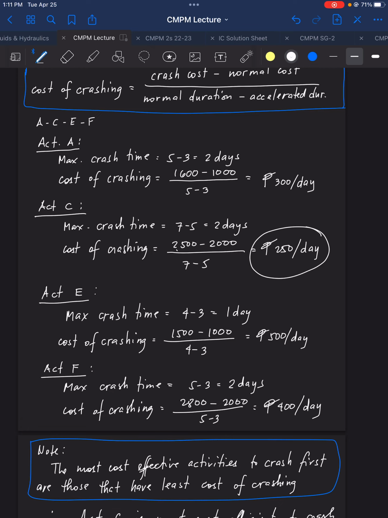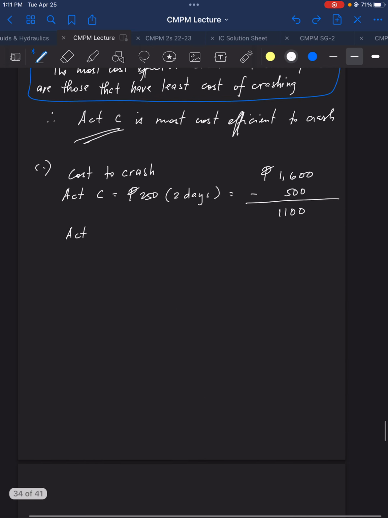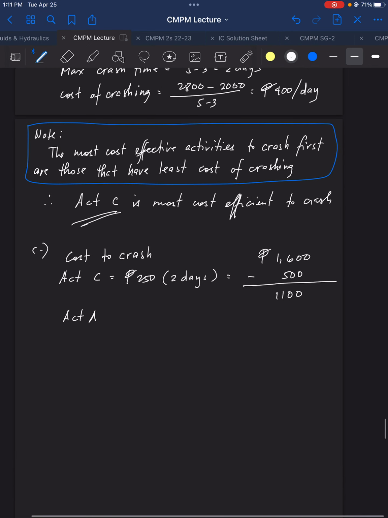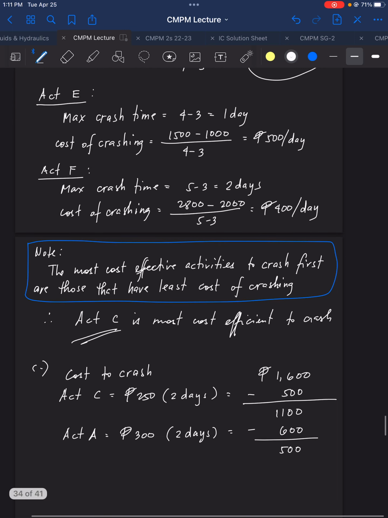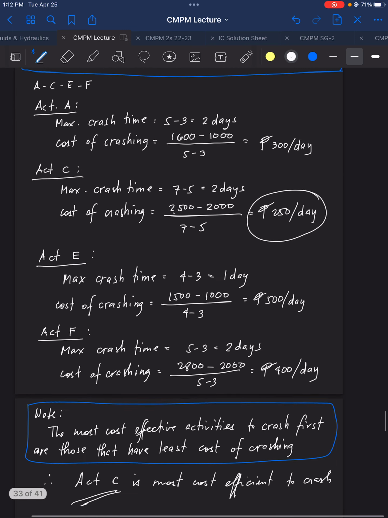I will choose the least cost of crashing, this one here, activity A, and the crash time is 2 days. So that is 300 pesos times 2 days, so that is minus 600. So we have 500 pesos here, and we still have 500 pesos to crash activities.